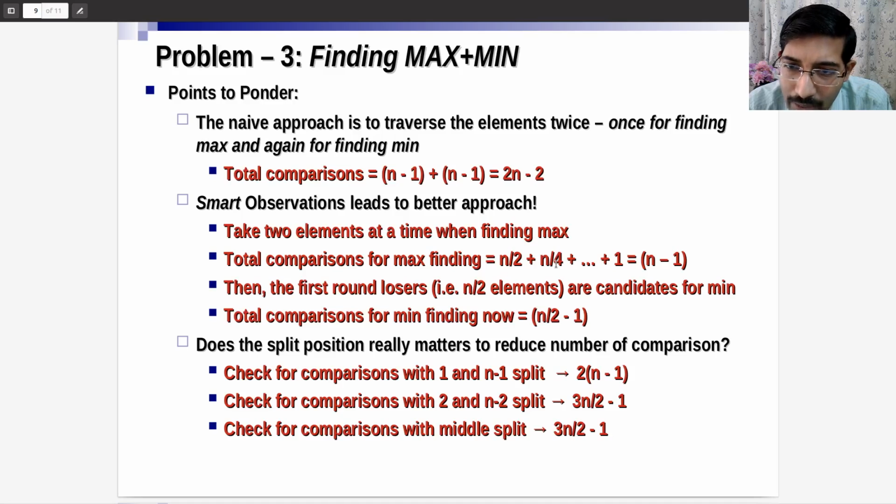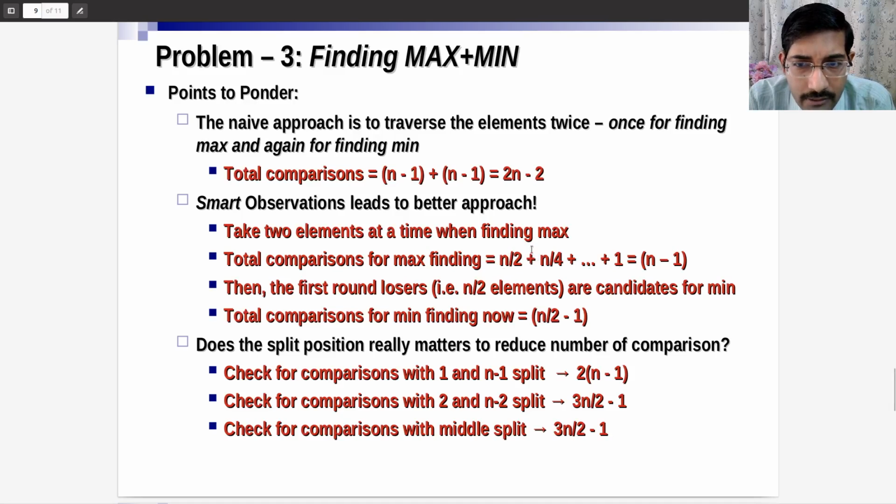Each time I eliminate half of the elements and go on comparing until I get only one element, that is my max. If you add this GP series, you will get exactly n minus 1 comparisons. That is why I said that splitting in the middle also doesn't help if you only want to find max. But here comes the smart observation when we are asked to find max and min together.